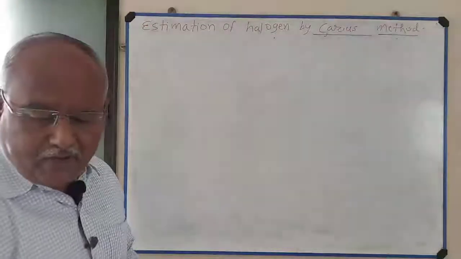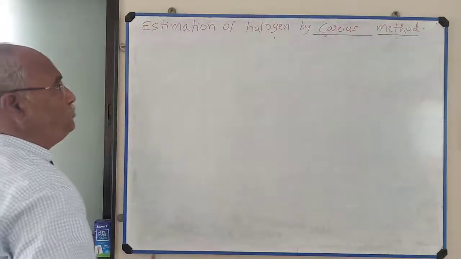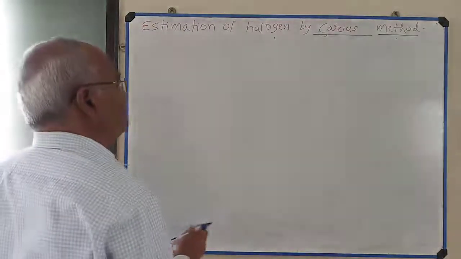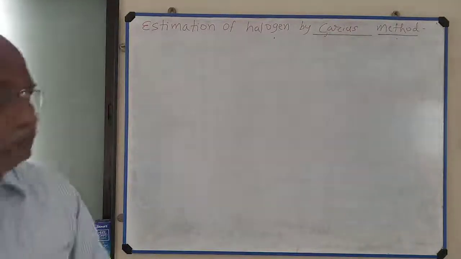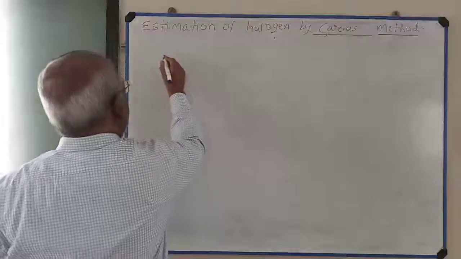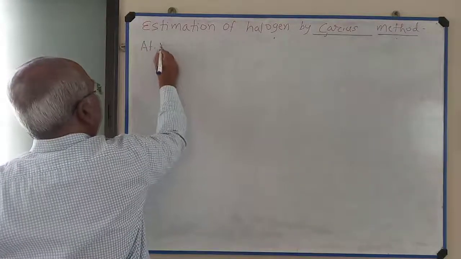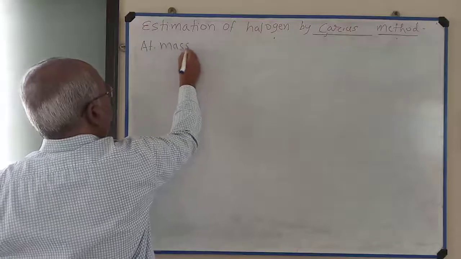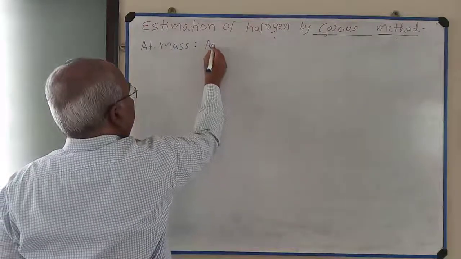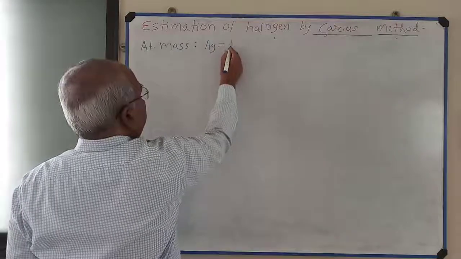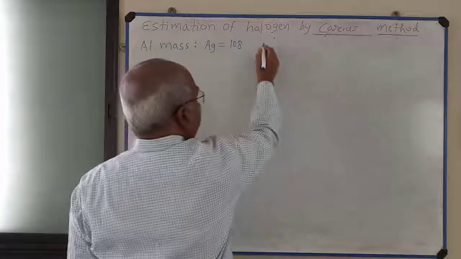Before explaining this method, I want to tell you the atomic mass of some elements. Atomic mass of silver is equal to 108.